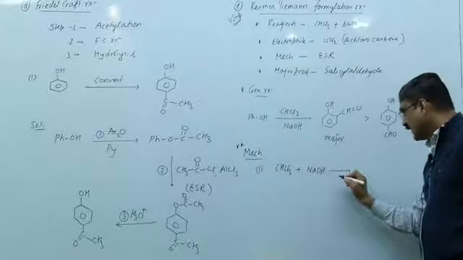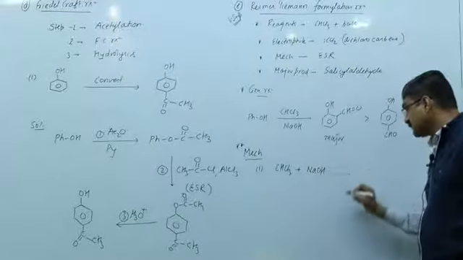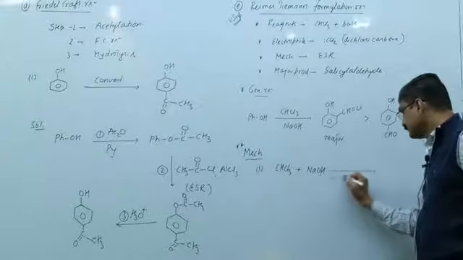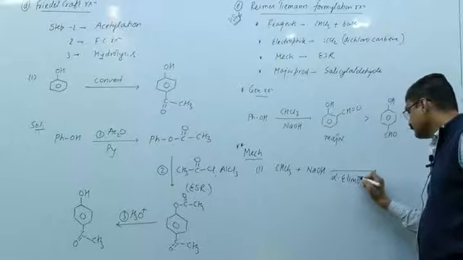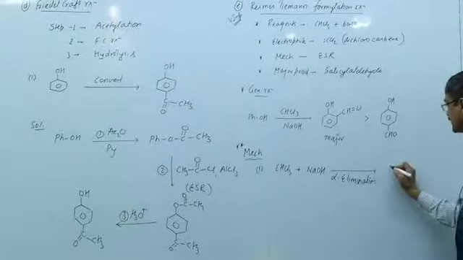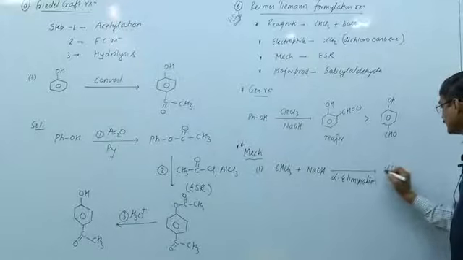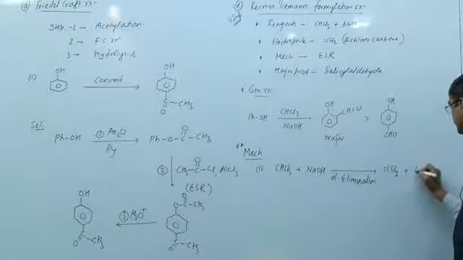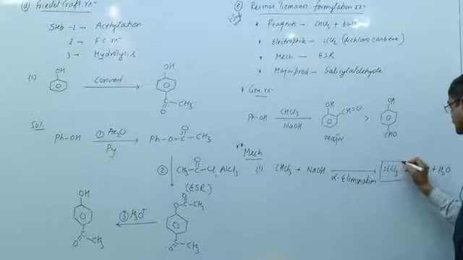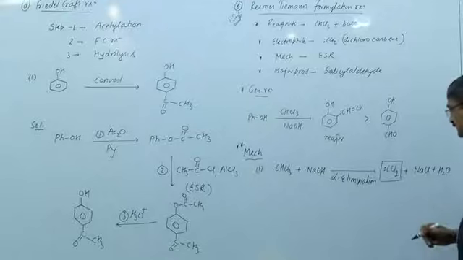First an elimination reaction takes place, that is alpha elimination. So by alpha elimination reaction, we get dichlorocarbene plus NaCl plus water. So dichlorocarbene is the intermediate or electrophile.